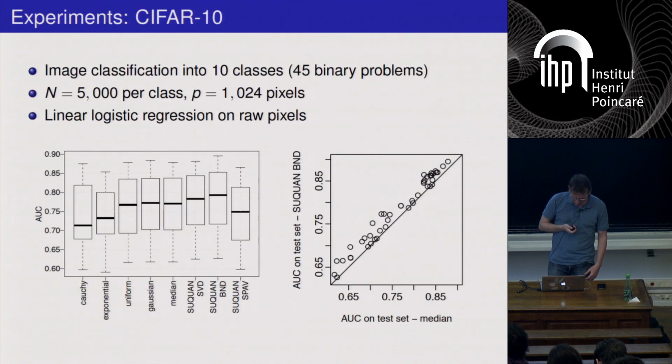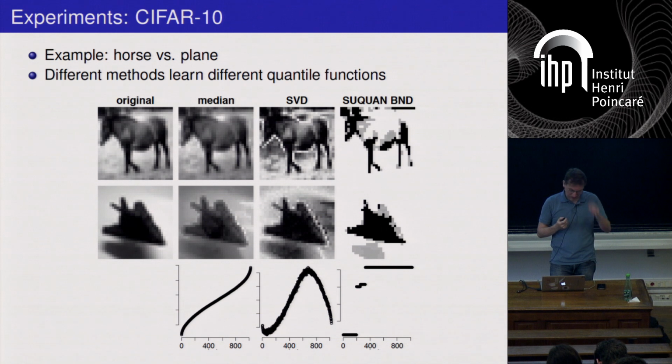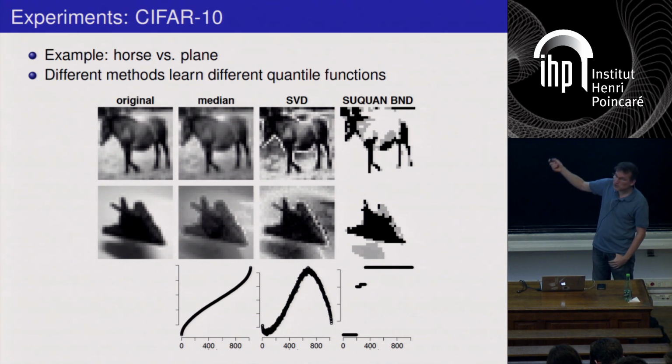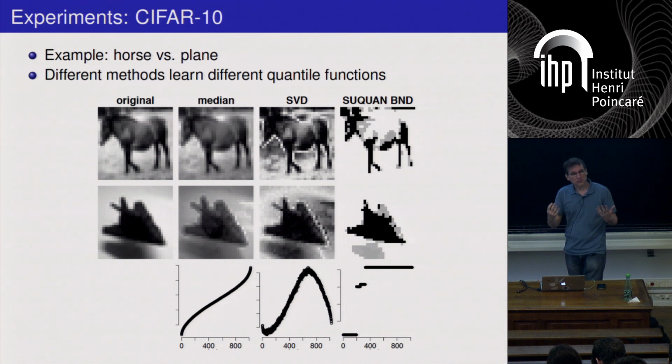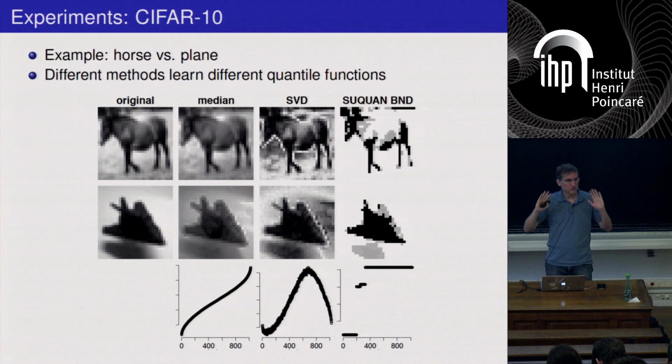All right, so I will not spend too much time on this, I don't have very exciting results to show, but just illustrate what you can do. For example, if you take images, and here we just took images from CIFAR 10, small images representing objects, and you want to discriminate objects. For example, this is a horse and a plane. If you train a model to separate them, here, for the sake of easiness and interpretability, we just do linear models over the pixels.